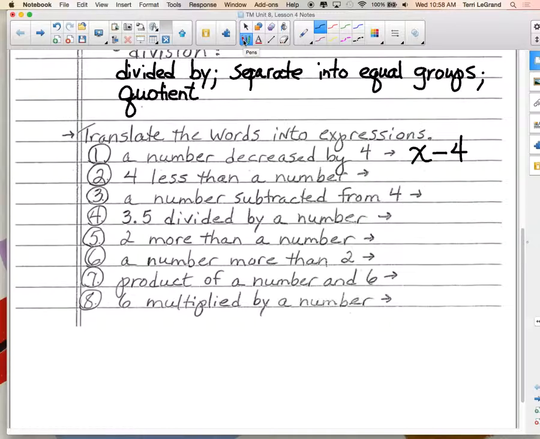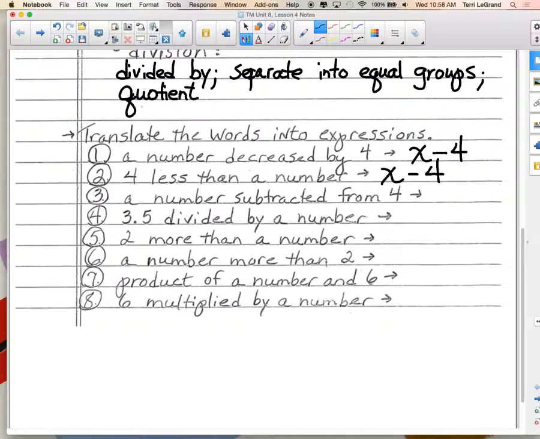You can think of it as subtracted from. So a number, we start it like this, it ends up looking just exactly like the previous one did. This is a big deal that you understand. These subtraction words, the expression doesn't go in the same order as the words do. Okay?